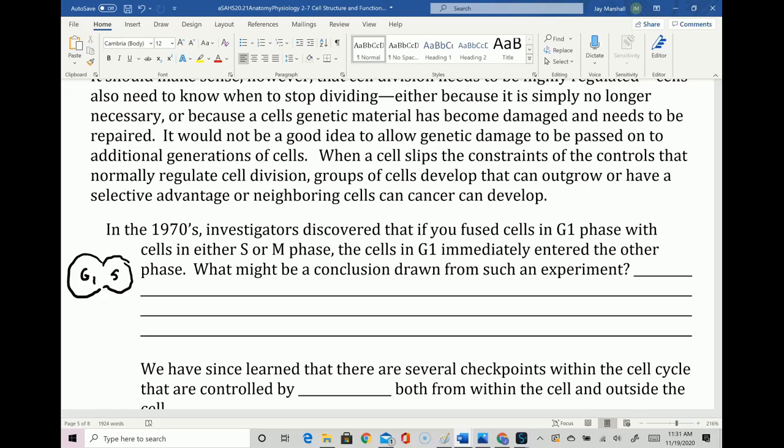Okay? What do you think might be a conclusion that I would draw from this kind of experiment? What might I say that this suggests?